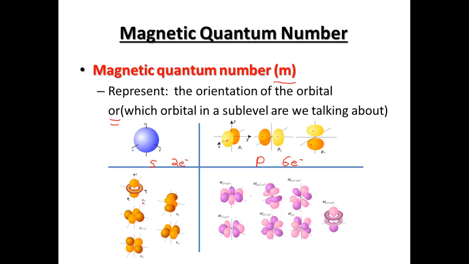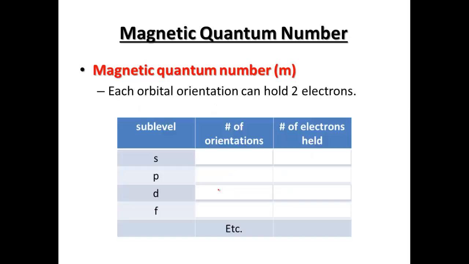And then in the d and the f orbitals, where we can put 10 electrons or 14 electrons, we're going to see that there are a lot more places. We're not going to be concerned with which ones they fit in, just with the s and the p though. So for our magnetic quantum number, each orbital can hold up to 2 electrons.